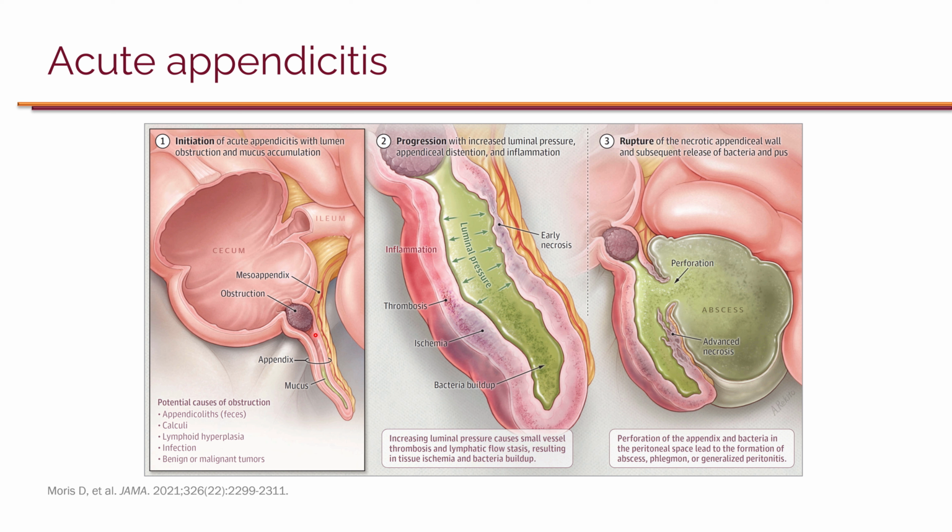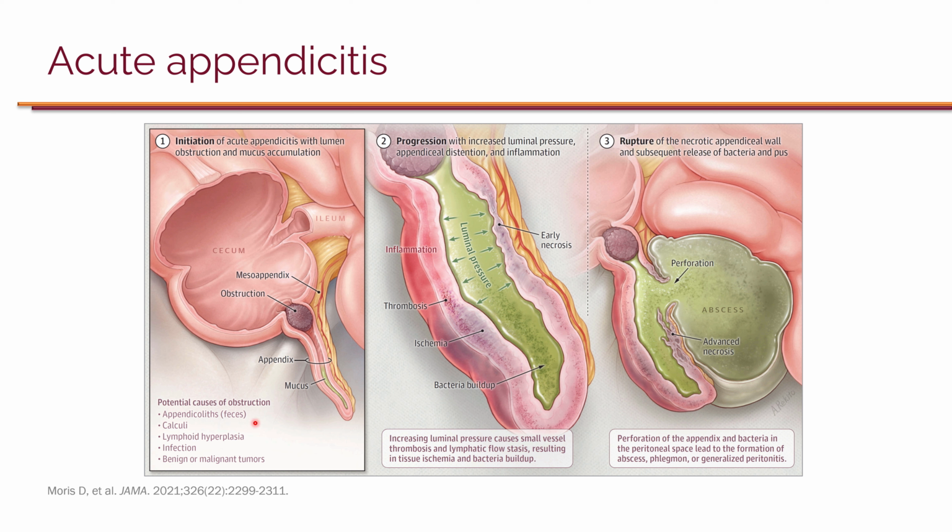When we look closely at the appendix, inside it there are bacteria present as a normal part of the microbiome. The appendix does have a role in human health, specifically to house a healthy microbiome. Now, as you can imagine, the appendix could potentially get obstructed due to many things.